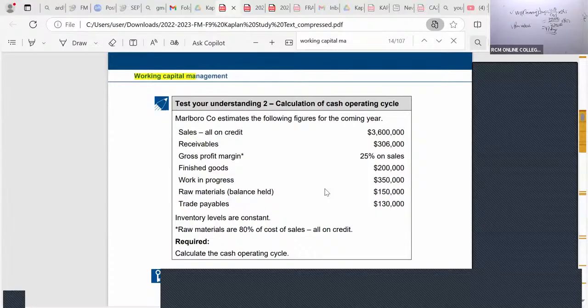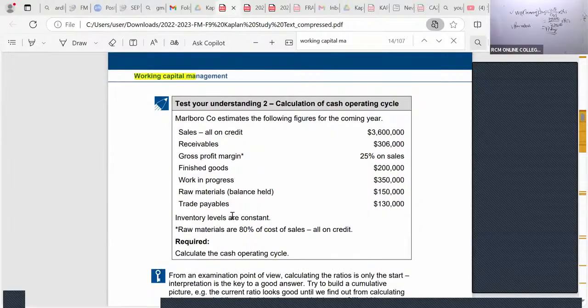I'm giving you 1 minute and then you talk to me. You can see this examiner wants to just confuse you. Yes, it's cost of sales, but they're telling you that raw materials are 80% of cost of sales, all on credit. So you have to be very careful here.